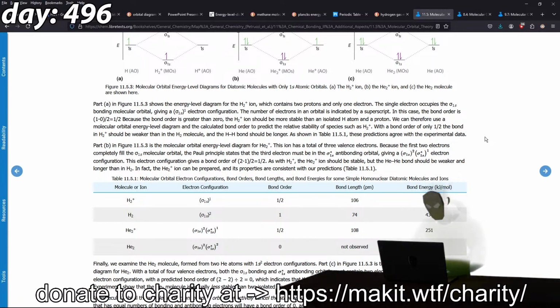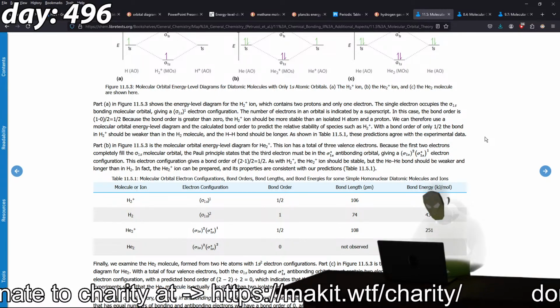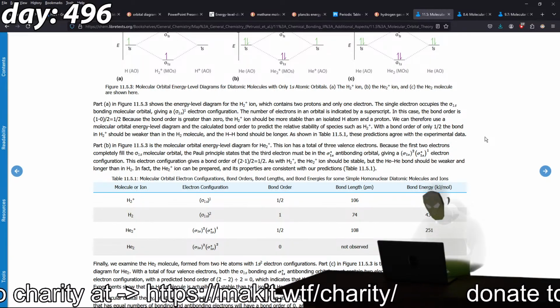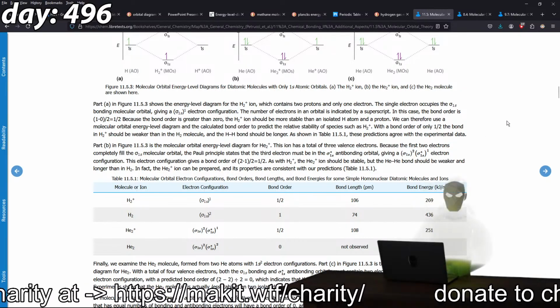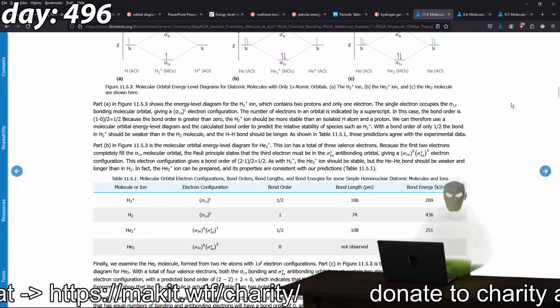So... calculating bond particular stability. Bond order of Hamilton.